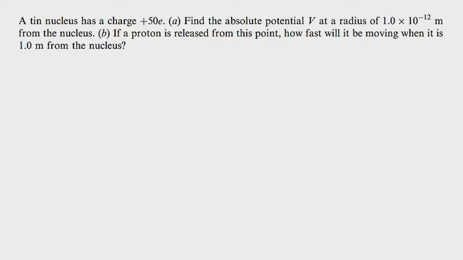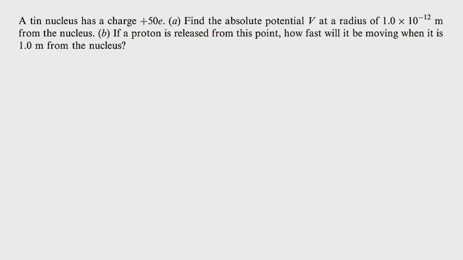We will now apply the formula that was presented earlier in our problem today, and that would be about a tin nucleus. When we speak of nucleus, that comprises the particles of proton and neutron.